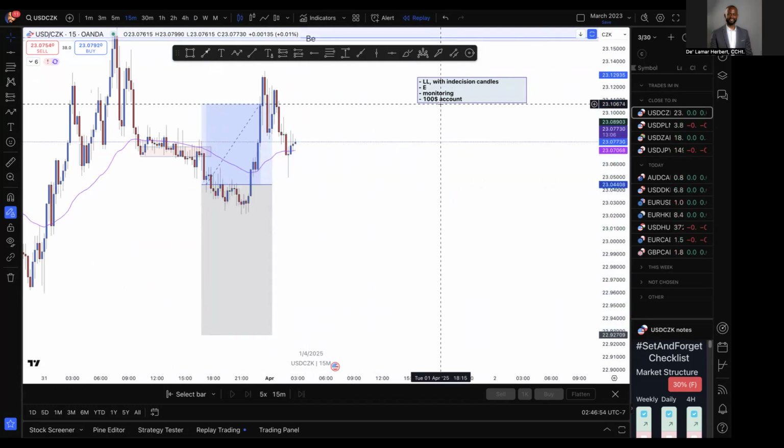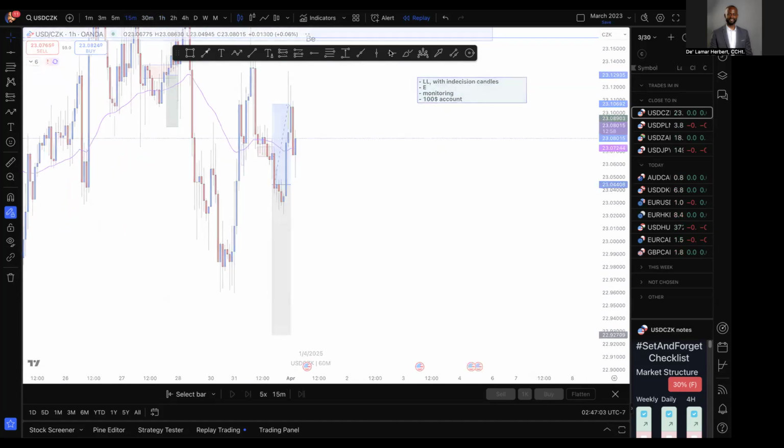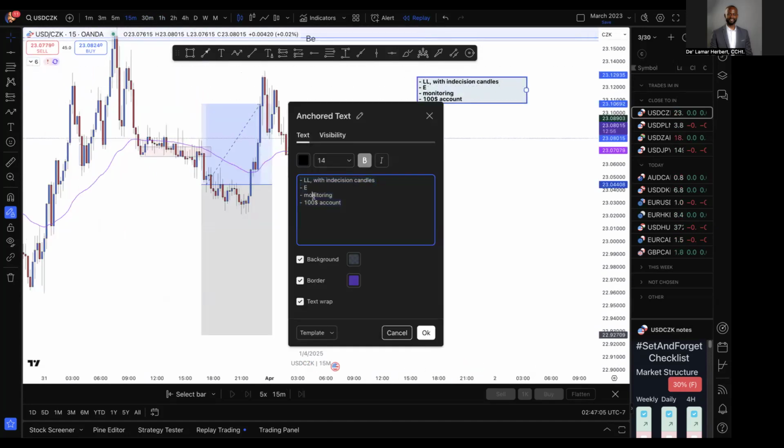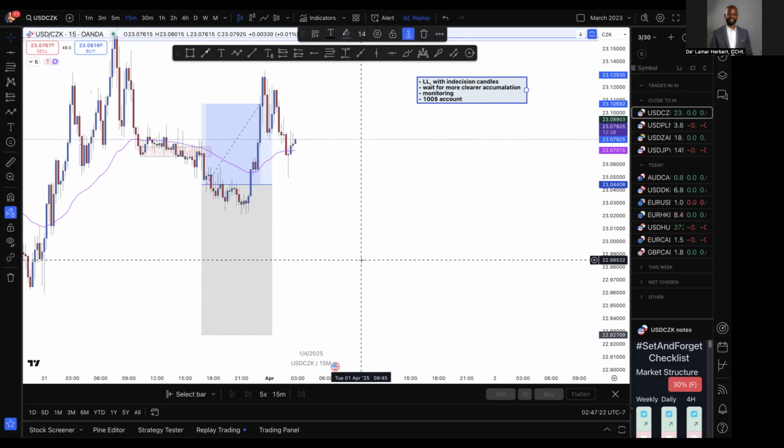I want to wait for more accumulation on a lower time frame because I'm just not seeing it right now. So let's just wait, and that could happen during the day. Accumulation.